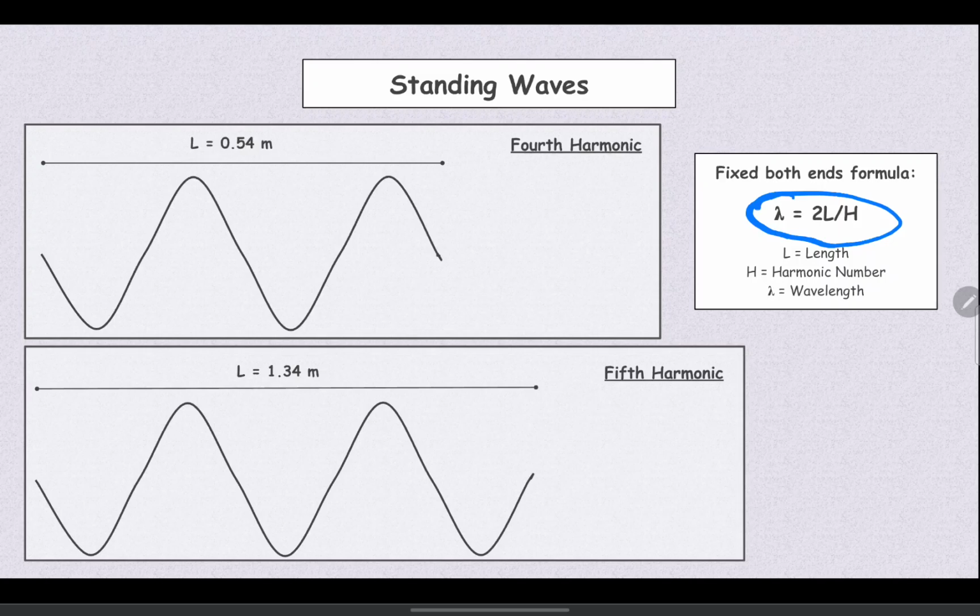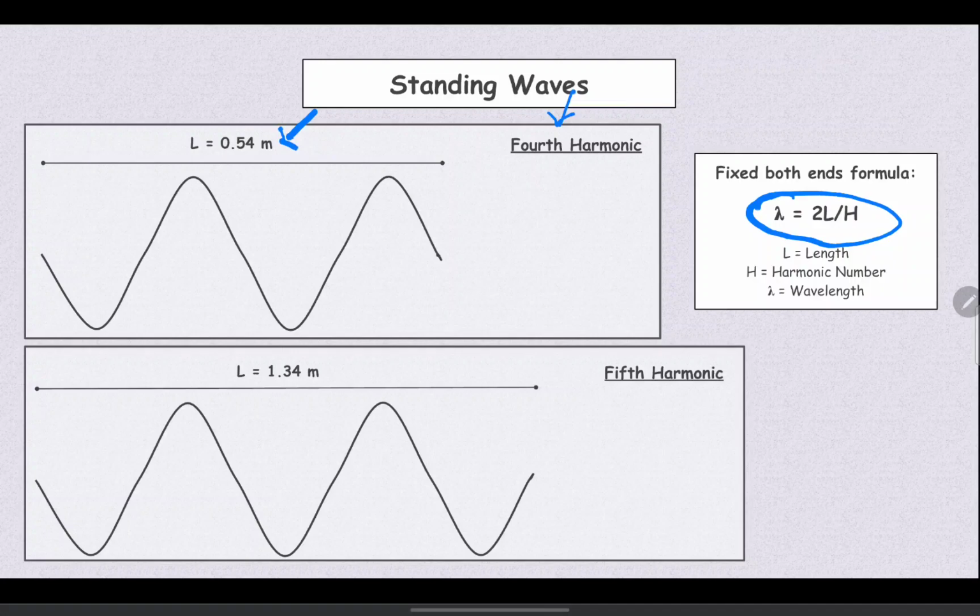So this wavelength, which is what we're trying to find, equals 2 times length divided by the harmonic number. Now we know the harmonic number is 4, as this is the fourth harmonic. And we know that the length is 0.54.